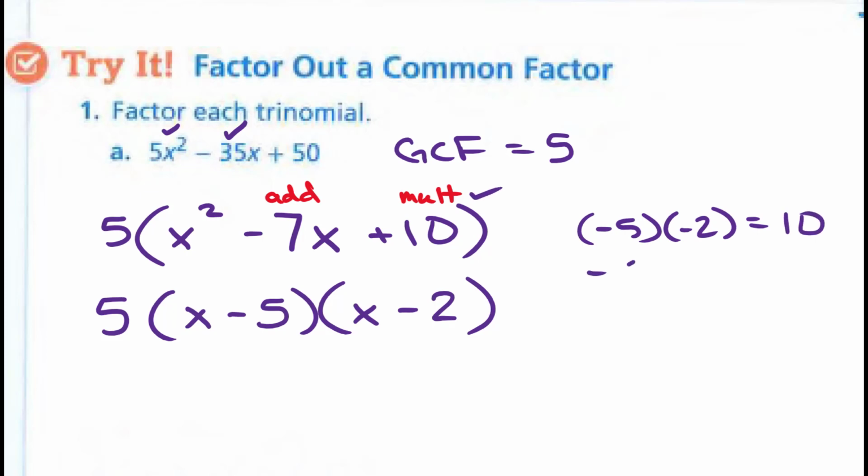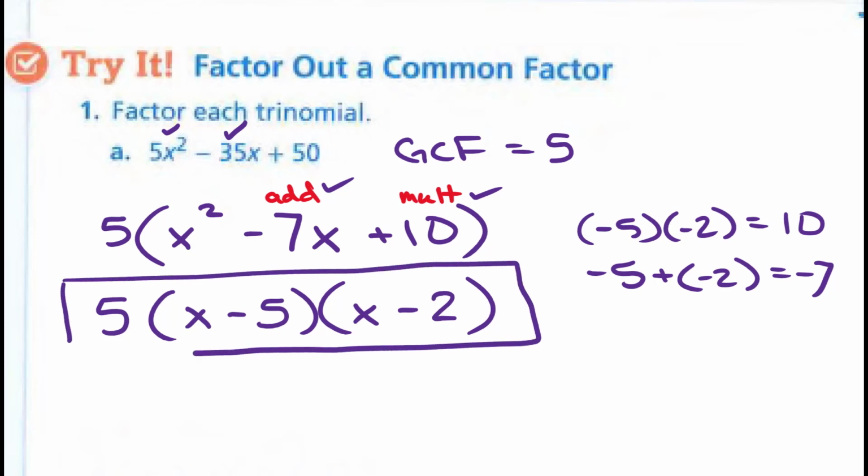Check. And negative 5 plus negative 2 would give us negative 7. Check. So when they asked us to factor this trinomial, first we pulled out the GCF and then we factored like we did before. This would be our final factored form: 5 and then our quantity in parentheses, x minus 5 times x minus 2.